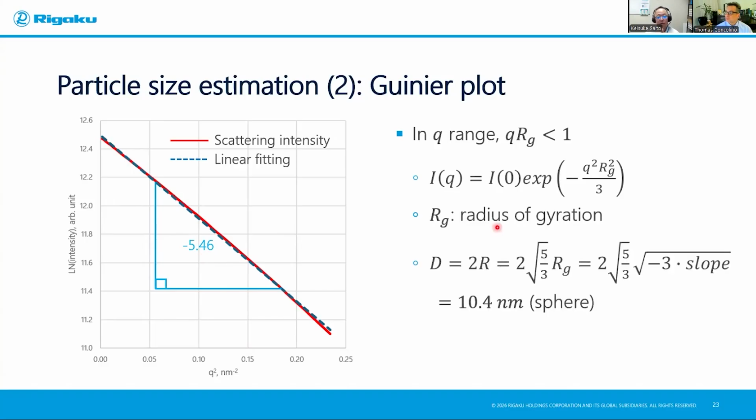The radius and the radius of gyration in the case of a sphere have a relationship like this: Rg is the square root of 5 over 3 times bigger than the real radius. So you multiply this factor to the obtained Rg, which is obtained from the slope of this plot, and finally we got 10.4 nanometers.